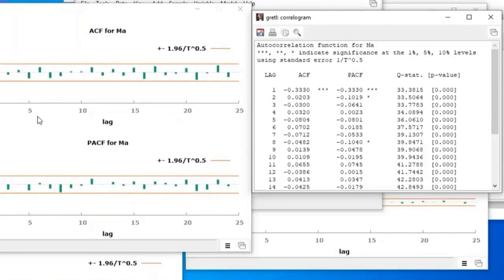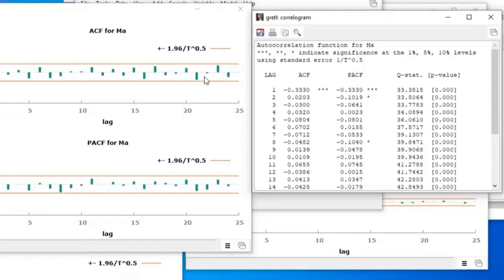Graphically, we cannot find out the order, or not only the order but the nature of the data itself, whether it is AR or MA or ARMA and so on. So we have to do the estimation, and that also we have to start with AR1, AR2, MA1, MA2, ARMA 11, ARMA 12, ARMA 21, a large number of combinations we have to see. So that is why this is said to be a trial and error method.